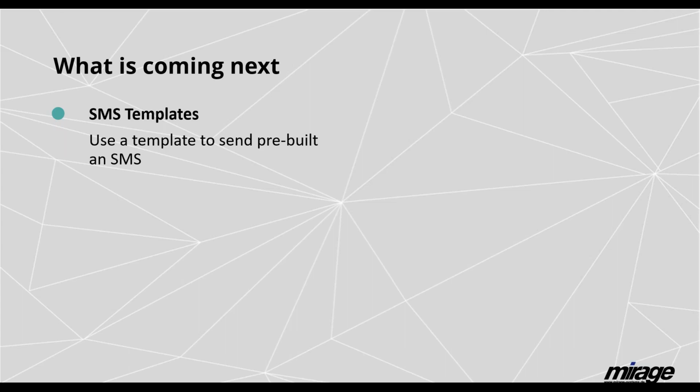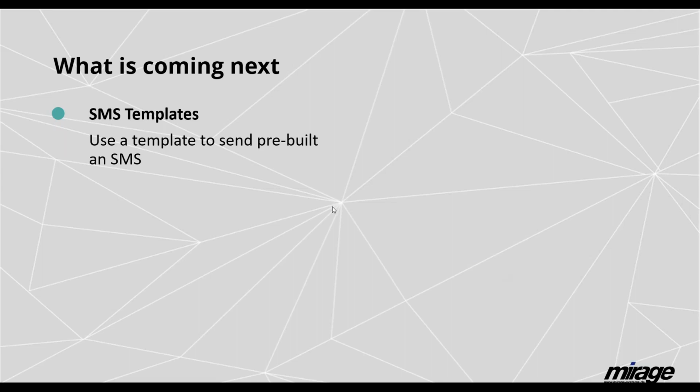You can send it ad hoc, and especially with a process builder, you can send out automated SMS to your customers. For example, after a delivery has been sent, or a booking has been made, you send out an SMS to your customers.